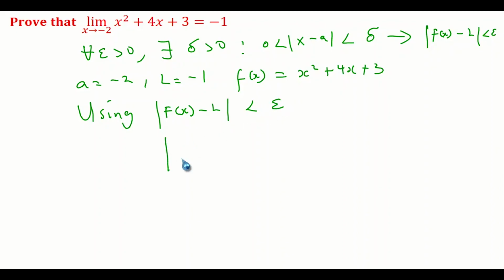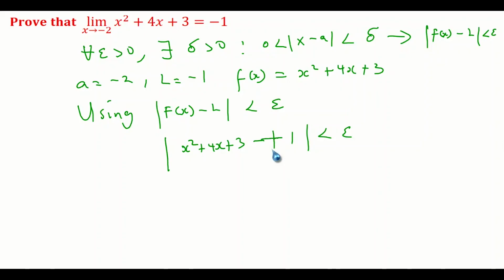So you have this, f of x is x squared plus 4x plus 3 minus the limit, which is minus 1, is less than epsilon.